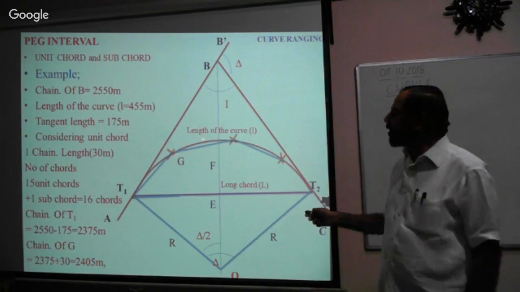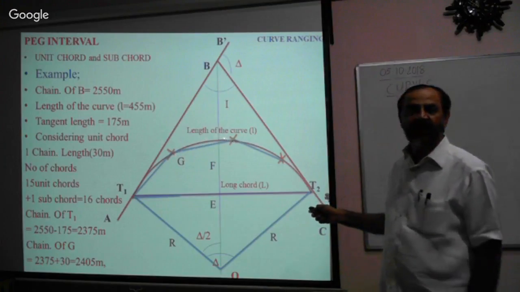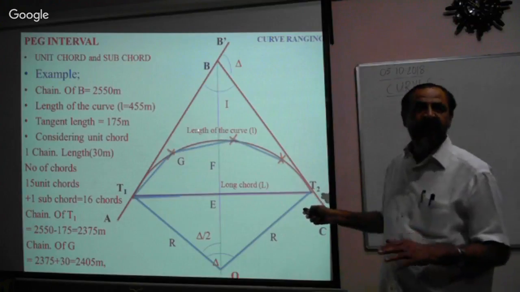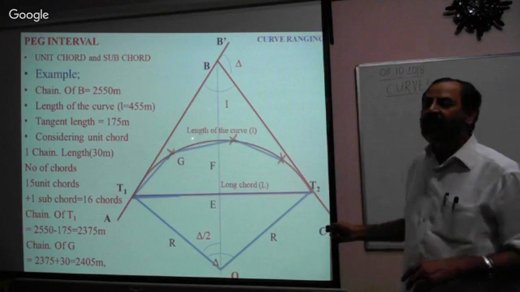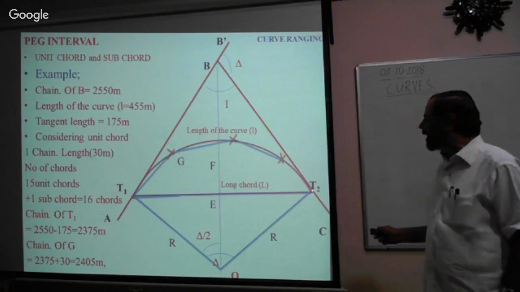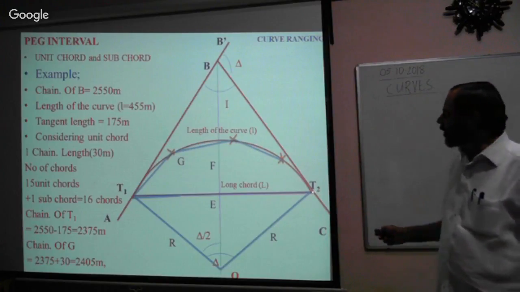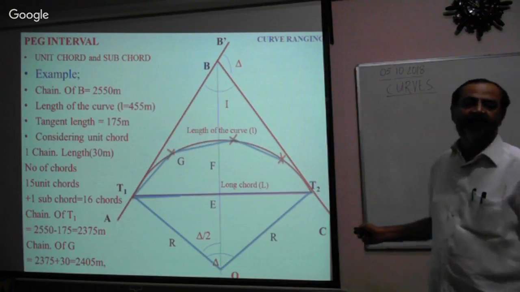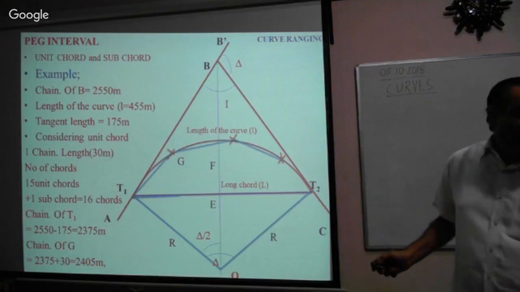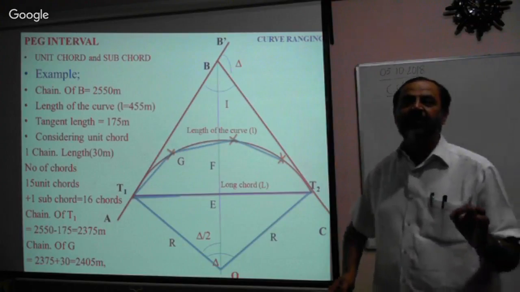Then what is the chainage of the next point? Plus 30, plus 30. Likewise, we continue, and at the end we are going to get the chainage of T2.